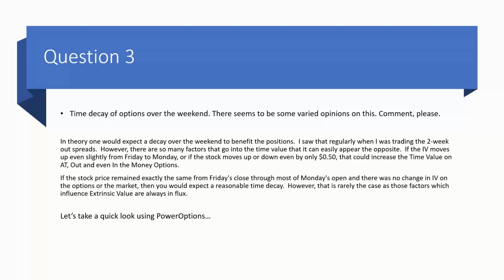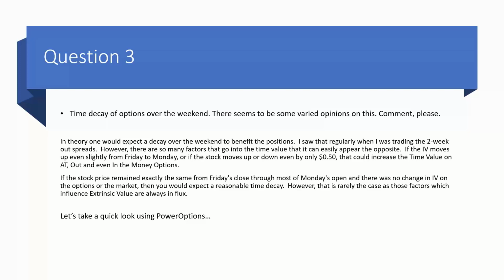If I have a position, let's say, that expired today, and I had opened it 10, 15 days ago, and I expected some time decay from last Friday, the 22nd, up until Monday, the 25th, well, any slight change in implied volatility from Friday to Monday, or if the stock moved up or down by only 50 cents, would affect and change what I'd expect to decrease potentially in the time value. Those could increase the extrinsic value of at, out, or even in the money options.